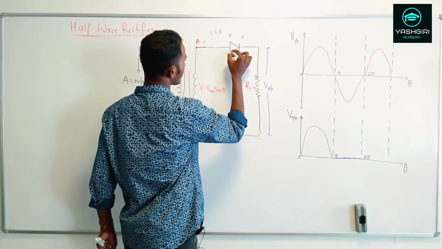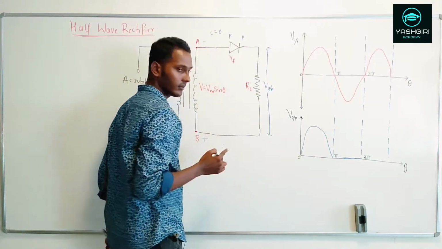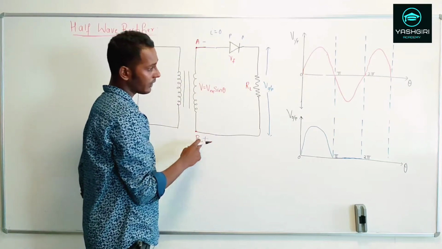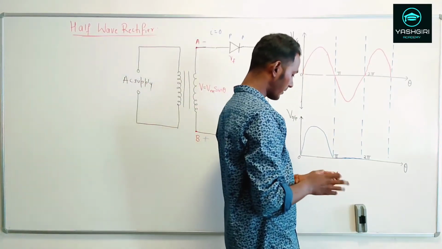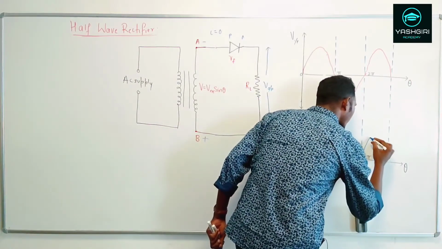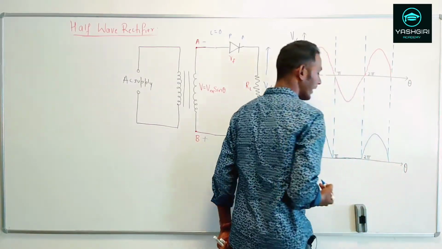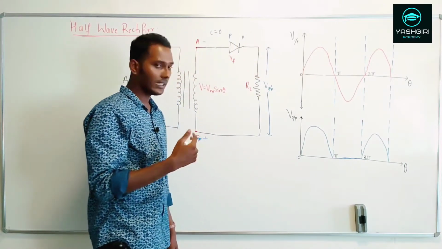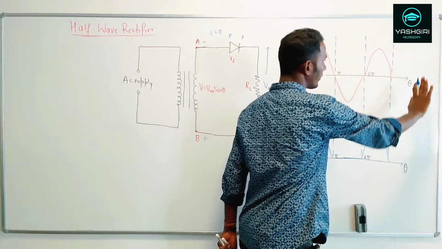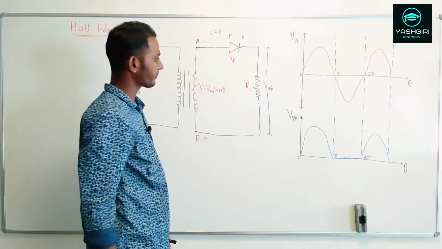So again A will become positive and B will become negative, and again the same thing is happening. You will get again a positive half cycle at the output, and the cycle will repeat for the entire length of whatever input you are giving.